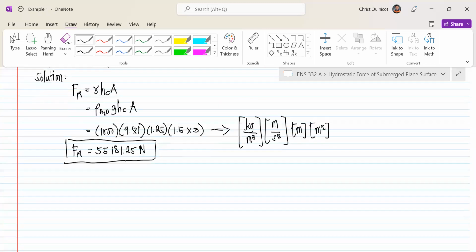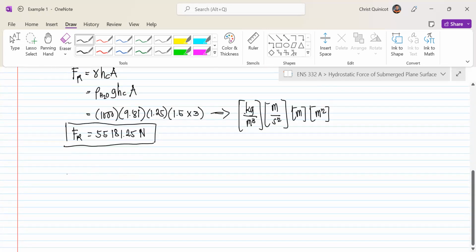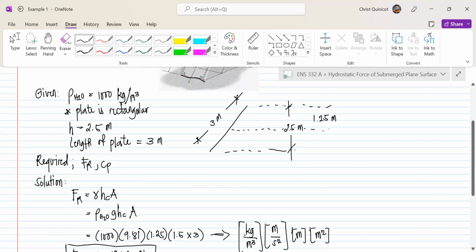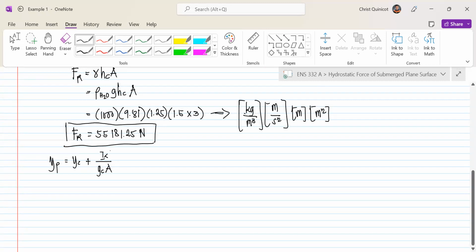So now for its center of pressure, we have that y sub p, meaning the y component of our center of pressure, is equal to y sub c, which is our centroid measured from the free surface, plus moment of inertia over y sub c times A. Now, since we have established that our plate is rectangular, I believe I have uploaded in our Google Classroom the various formulas for centroids for various shapes.